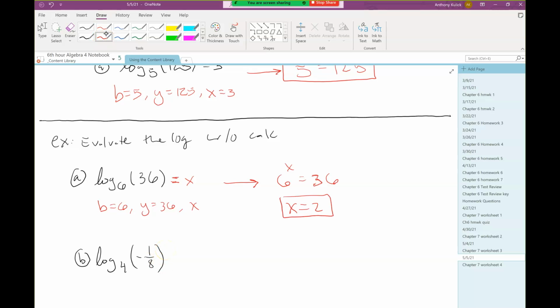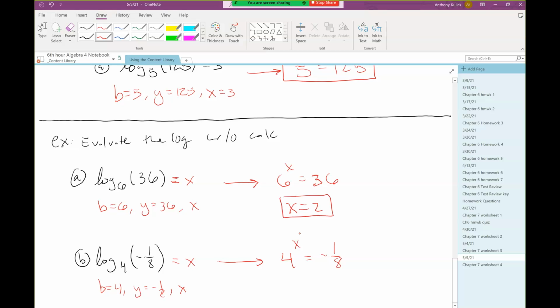So let's say we have log base 4 of negative 1/8. Again, I'm going to think about whatever that number is as x, and then I'm going to rewrite this as an exponential. But 4 to the x equals negative 1/8.